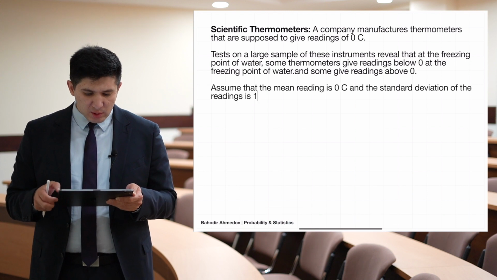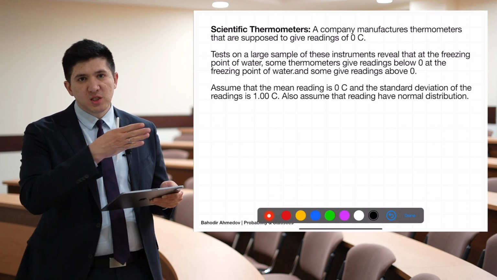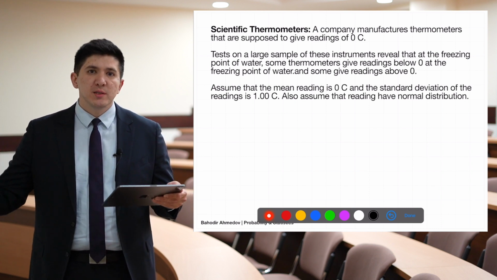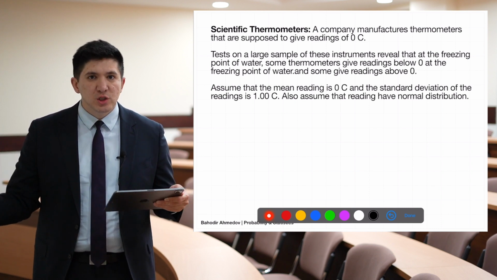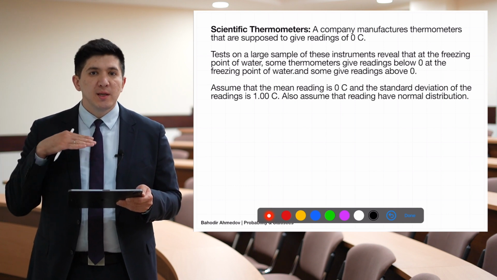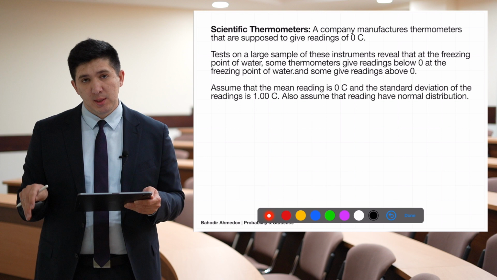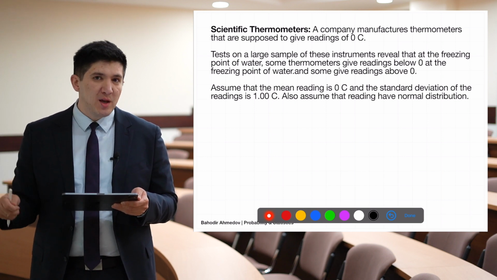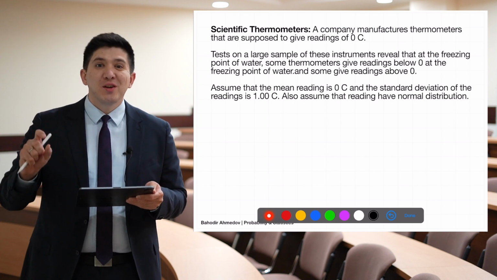If I test this for lots of thermometers, on average the temperature of freezing water is measured to be equal to 0 degrees, with a standard deviation of 1 degree. So this is kind of the standard normal distribution, right?